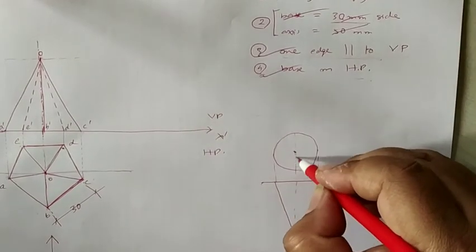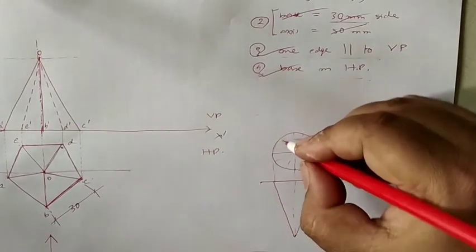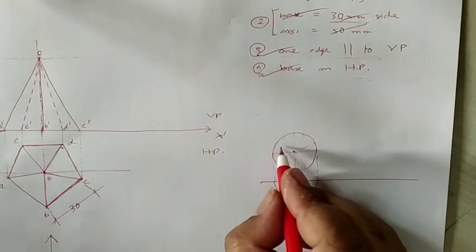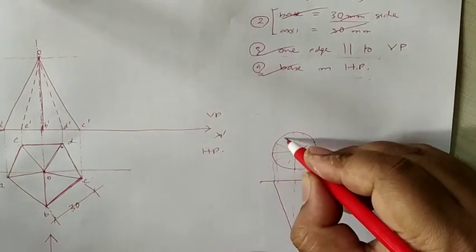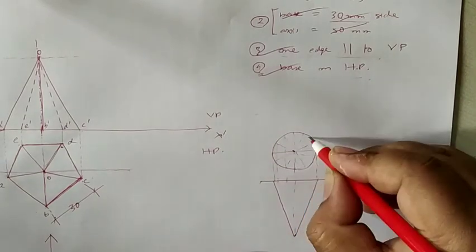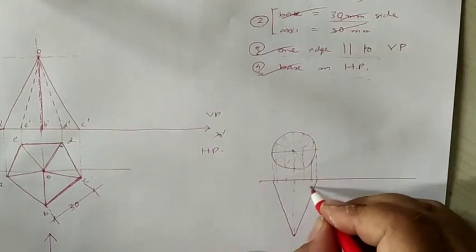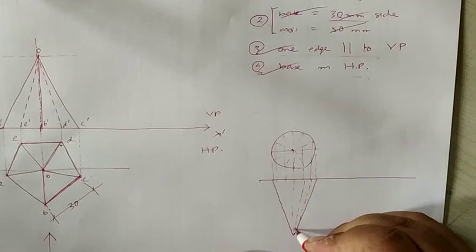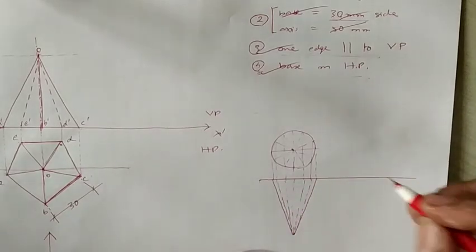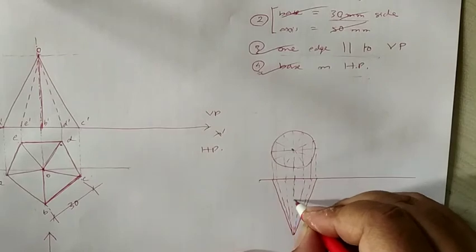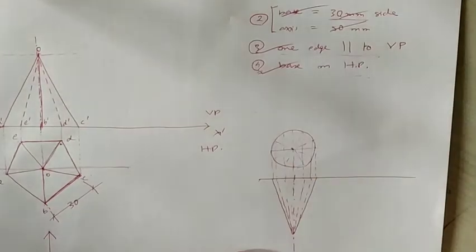You can divide this circle into 12 equal parts, and from each of these points, you can take projection. And there will be an axis line. This is the projection of a cone.